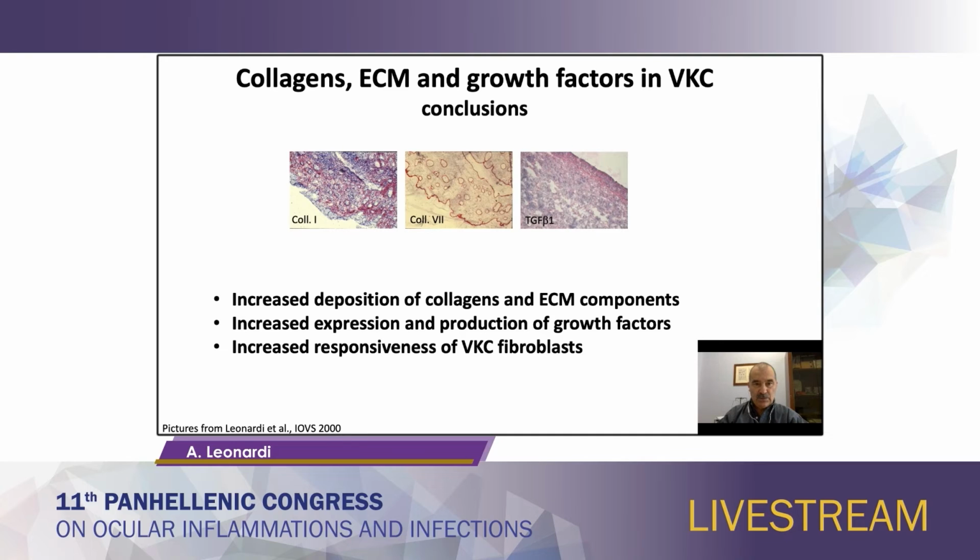So to conclude this part of my talk, the remodeling in VKC is characterized by increased deposition of collagens and extracellular matrix components, increased expression and production of growth factors, and increased responsiveness of VKC fibroblasts to different factors, particularly Th2 type cytokines.